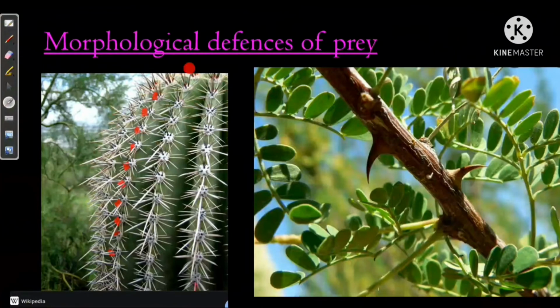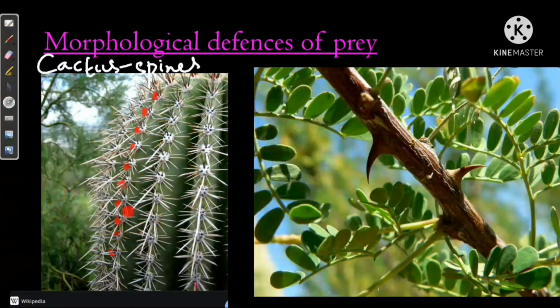There are also morphological defenses used by the prey population in order to avoid getting eaten up by the predator. For example, the cactus. Cactus has spines which are reduced leaves. But since these spines are present, predators would keep away from this plant.